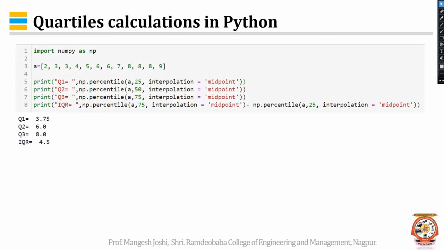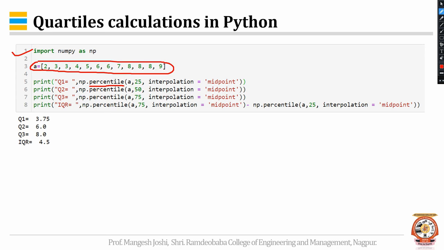Now, how to calculate this in Python? We have to import numpy as np. You have a data set. There is a function, the percentile function, in the numpy module. To calculate quartile 1, you have to use np.percentile.